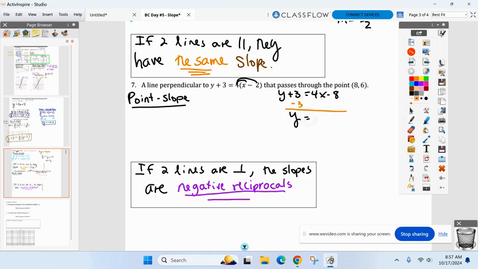Y equals 4x minus 11. All right, now what's the slope? 4, right? So it doesn't matter if you noticed it here or you clean it up and got y by itself. Either way, you're going to figure out the slope is 4, but not the slope I want in my answer because they're not equal when they're perpendicular. Right? Everyone, yes?